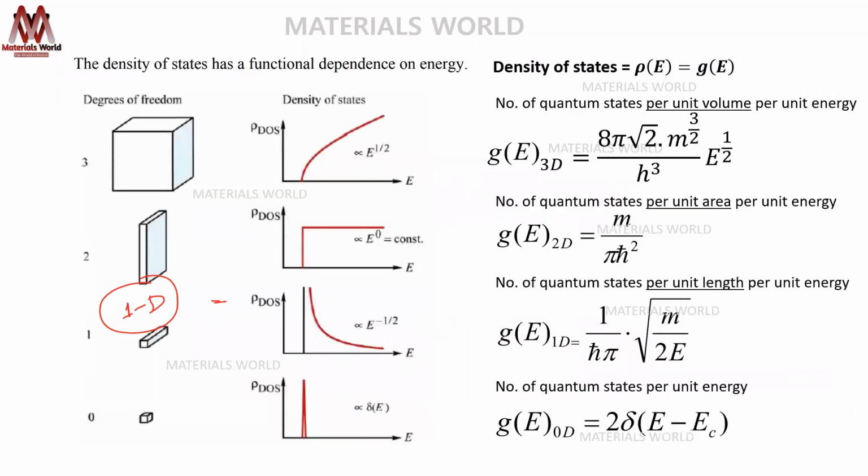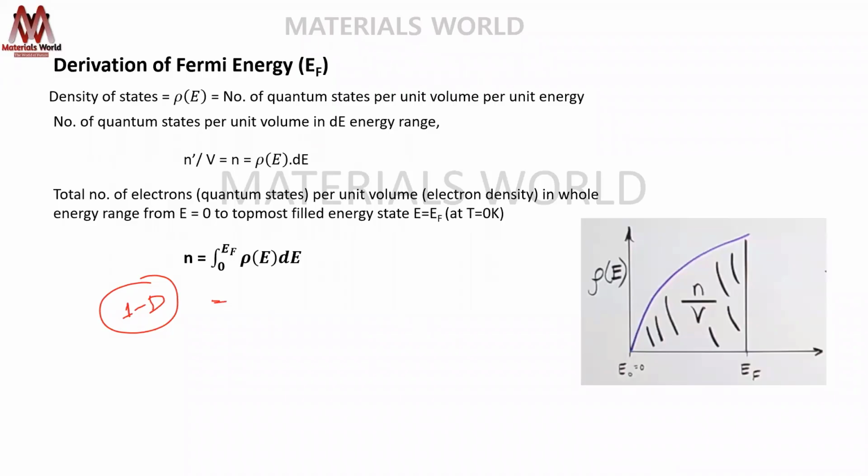You can simply put here 1 by h cross pi root m by 2E. This is your g of E or rho of E. Simply put it in, and now you'll get the final expression.